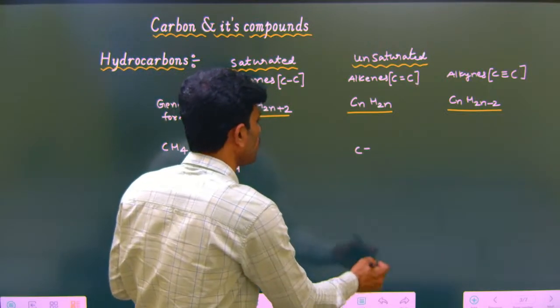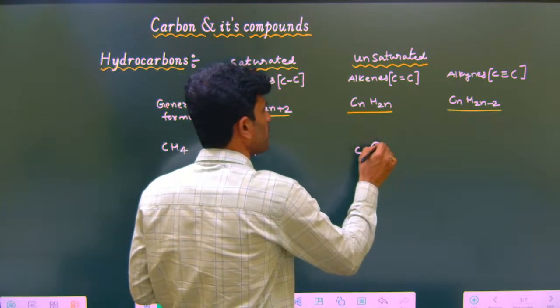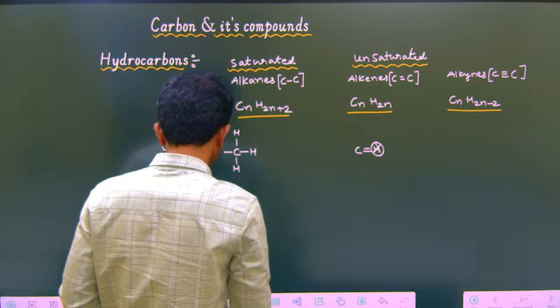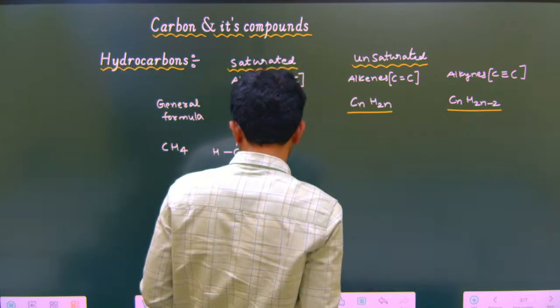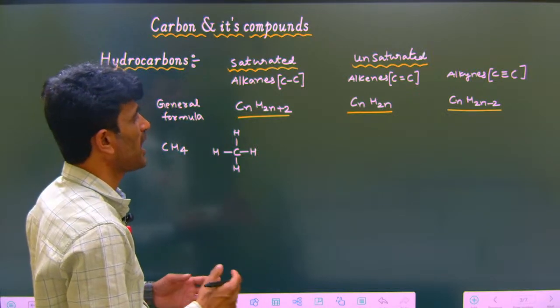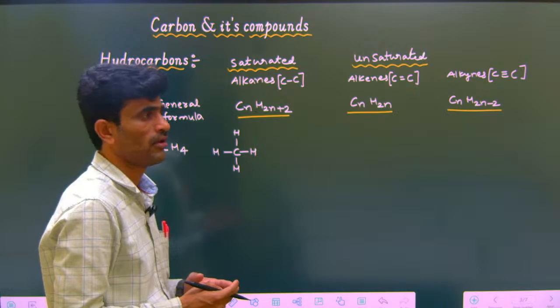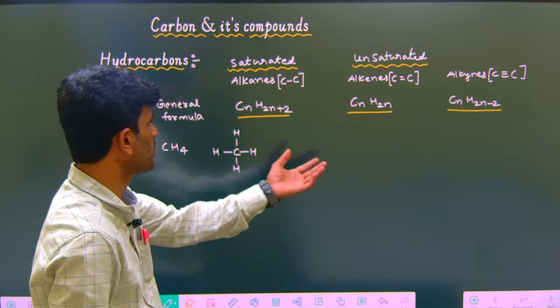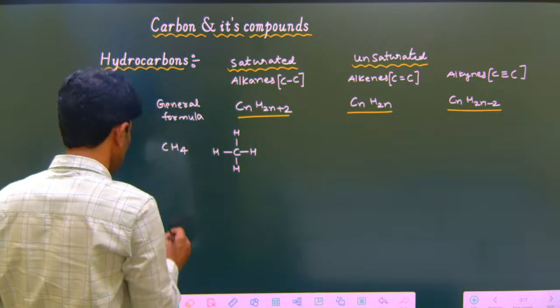When you have meth, only 1 carbon will be there, and you cannot have a double bond with hydrogen because hydrogen capacity is only 1. So for double bond and triple bond it is not possible. Between carbon and carbon, if you want a double bond, at least 2 carbons are required. So 2 carbons are not there in meth. So this is about methane.